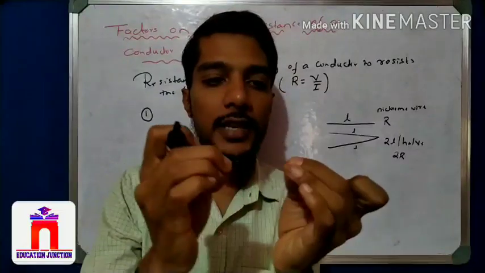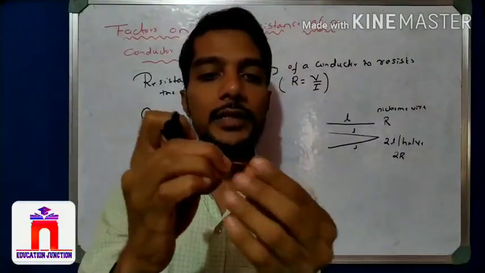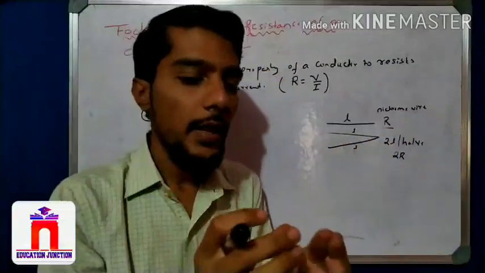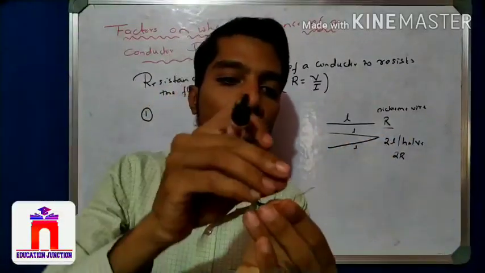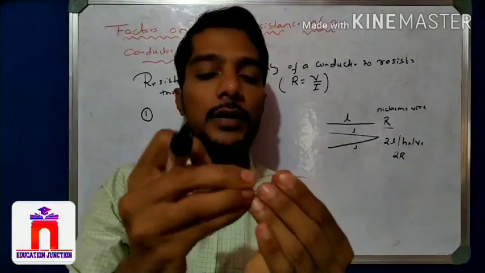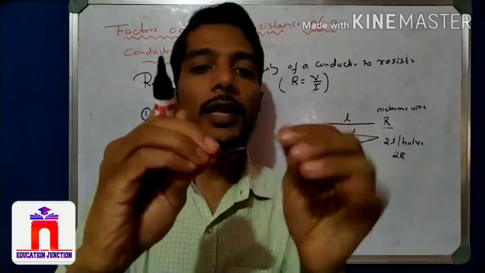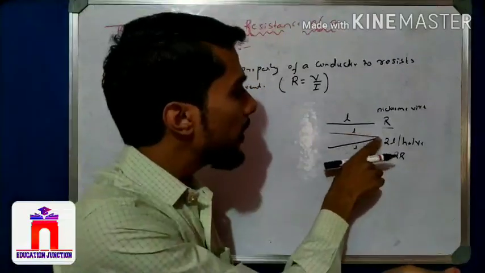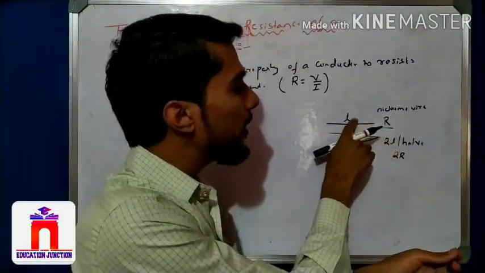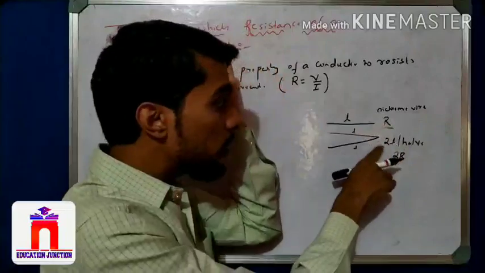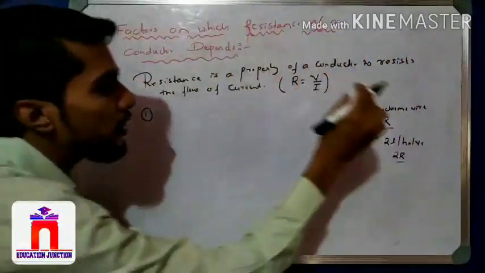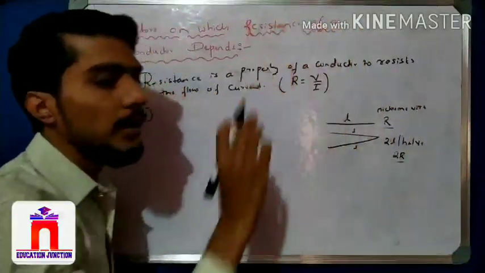When the length is L, resistance is R. When I double the length by folding the conductor, length is 2L and the resistance is doubled. So the resistance of a conductor depends on the length, right?